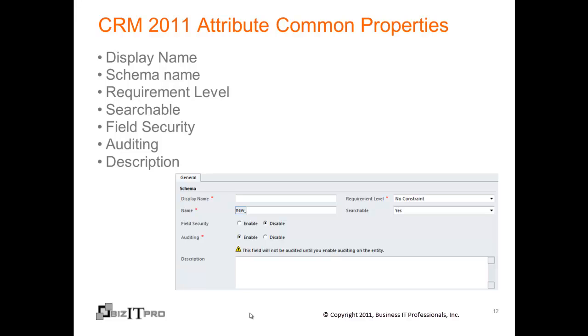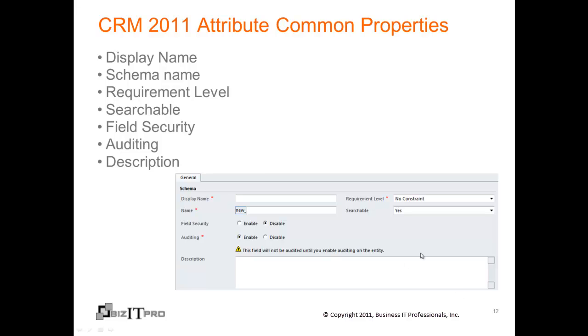All attributes must have a display name, which is displayed on the forms and the views, and a schema name. The schema name is how it's identified within the database in SQL, as well as used when referring to it when you're writing code later.